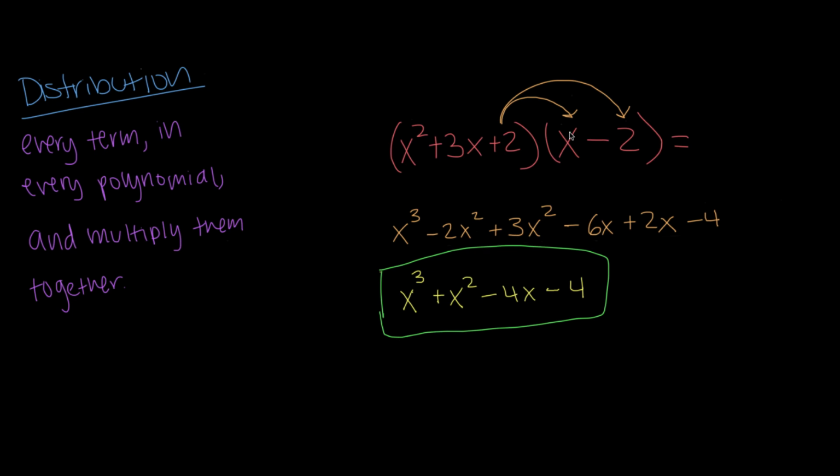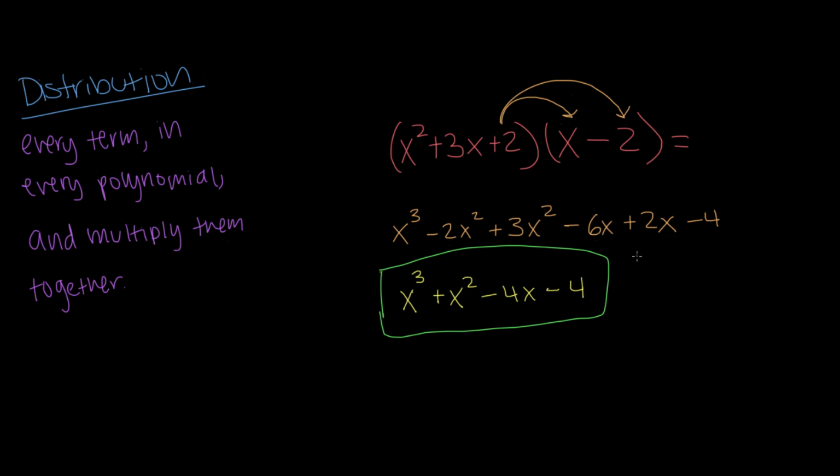However, with distribution, you can multiply anything together. Even a binomial times a binomial, you don't have to use FOIL, you could also use distribution. Distribution can be used to multiply any polynomial, no matter how big or small, together.